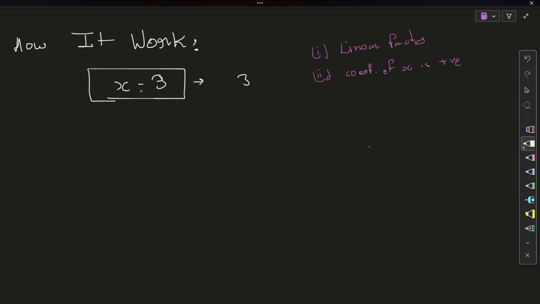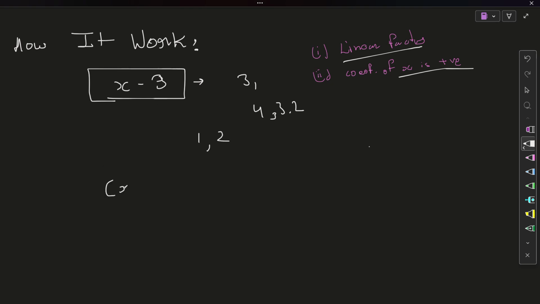So here is a linear polynomial and the coefficient of x is positive. If we put a value greater than its root, like 3 here is the root, so if we put 4 or even 3.2, then the value of this expression is always going to be positive. Like we put 4 here, 4 minus 3 is 1, then we put 5, then the value is 2, so it's always going to be positive.